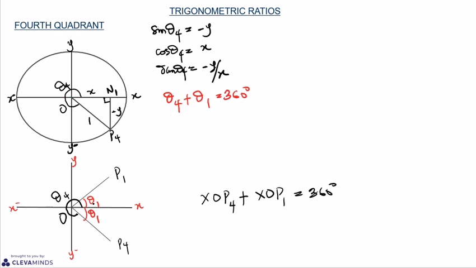XOP4, which is this, plus XOP1, which is this, give us 360 degrees. So from there we can conclude that this implies that theta 4 equals 360 minus theta 1. Are you with me now? Good.